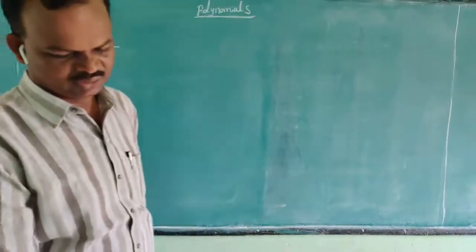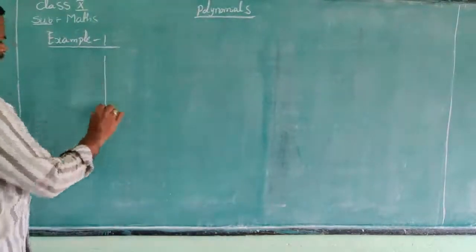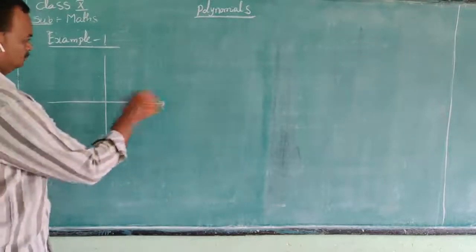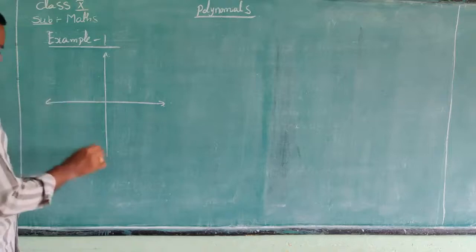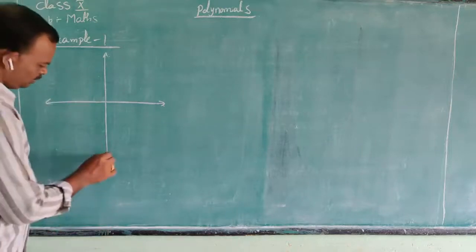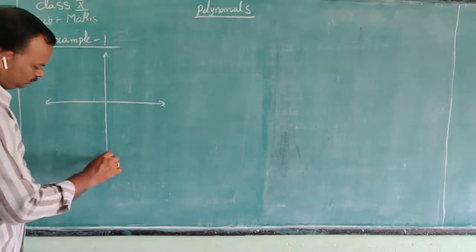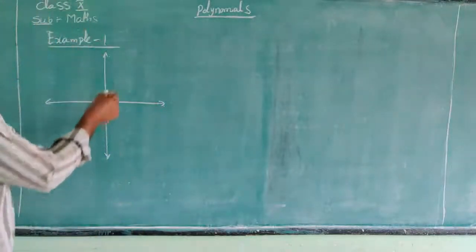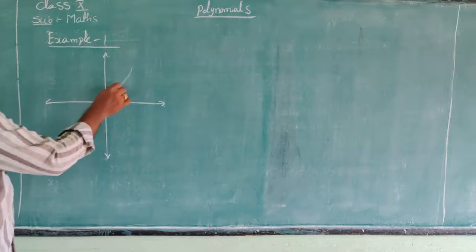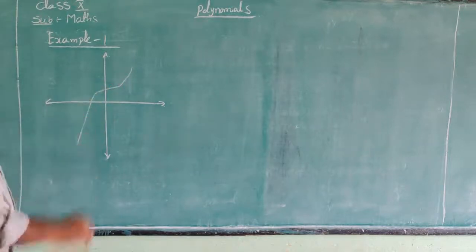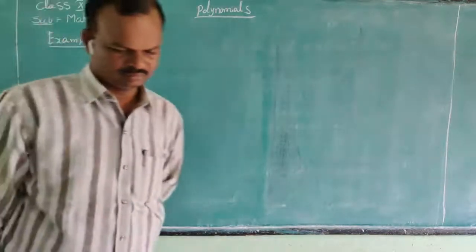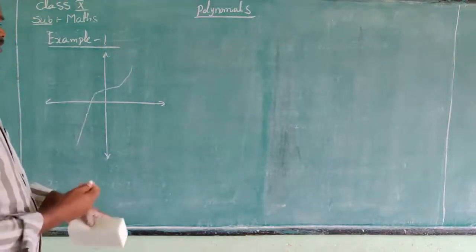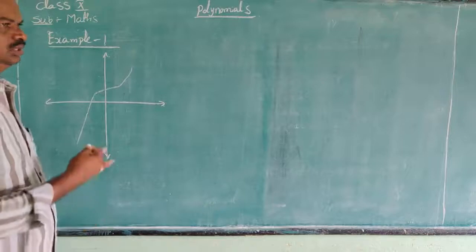Here the first graph is... The number of zeros means where the graph touches the x-axis, that is the zero of the polynomial.